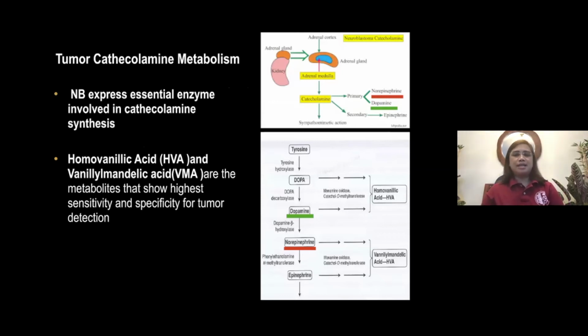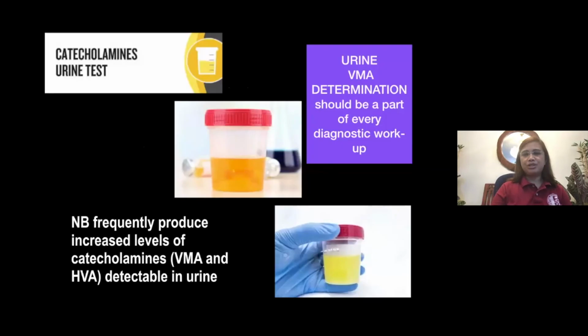Homovanillic acid and vanillyl mandelic acid are the metabolites that show highest sensitivity and specificity for tumor detection. Therefore, urine VMA determination should be a part of every diagnostic workup, because neuroblastoma frequently produces increased levels of catecholamines detectable in the urine.